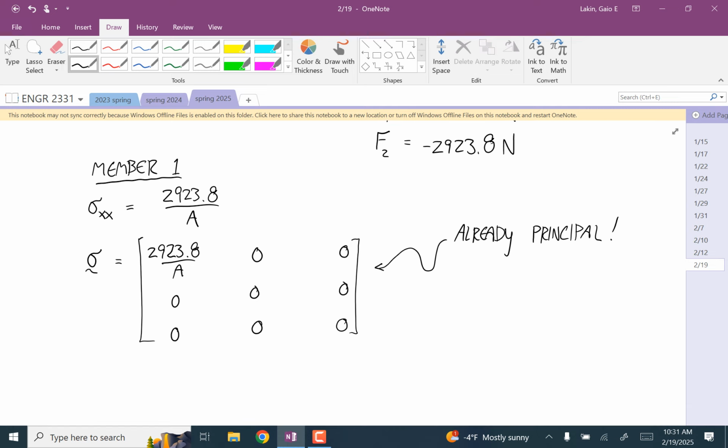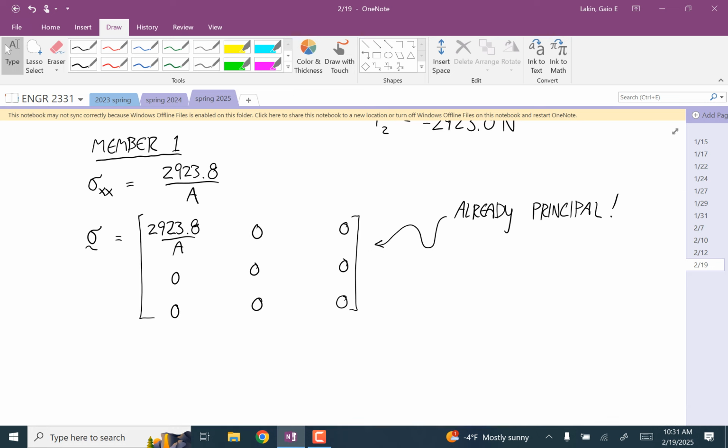And so now we can just say that for our maximum shear stress, we're going to take the maximum principal stress, that's 2923.8 over A, minus the minimum. Well, the middle and the minimum are the same, so this is just minus zero. And then divide by 2.